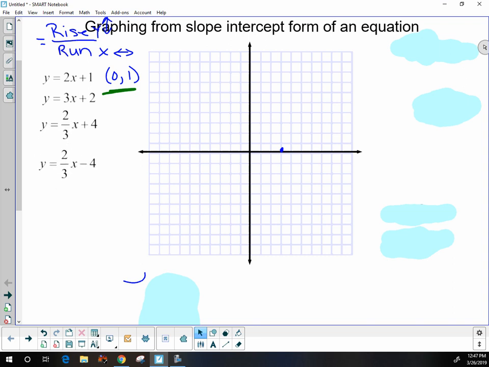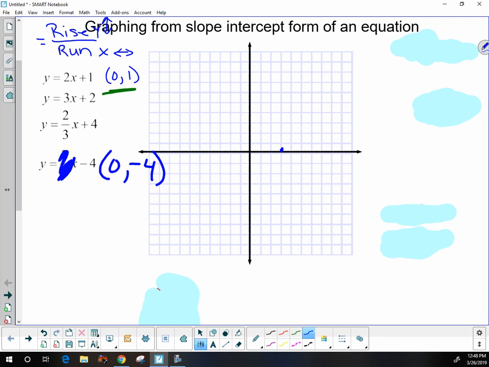Again, go ahead, pause the video, see if you can graph this equation without plotting a t-chart and plugging in. Just go ahead and get your intercept and count up 2 over 3 from there. So, -4 this time, because when that stuff goes away, I kind of scribbled on my negative sign a little bit.